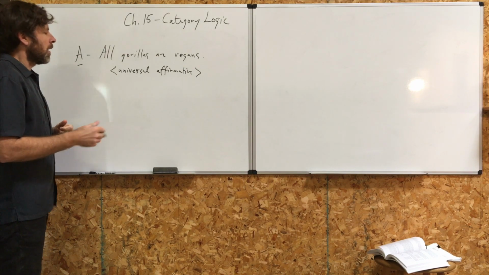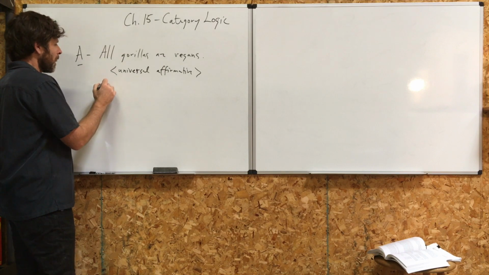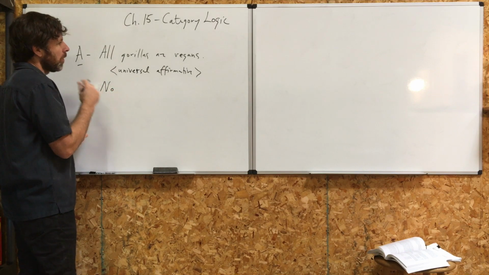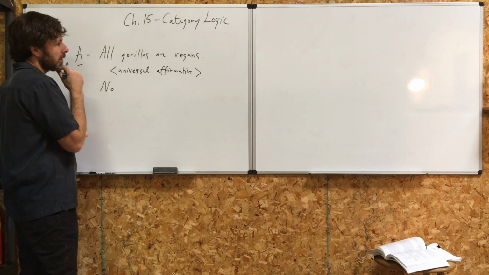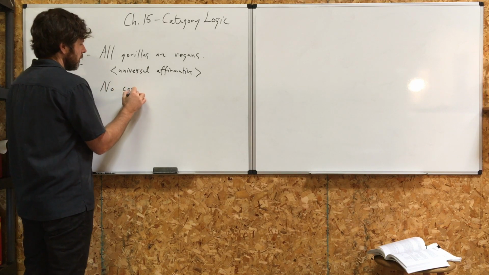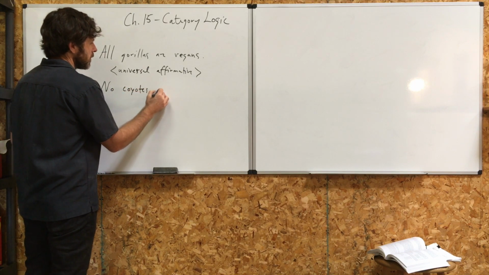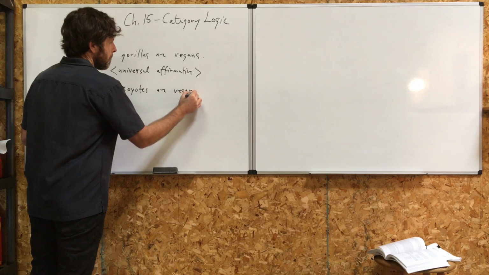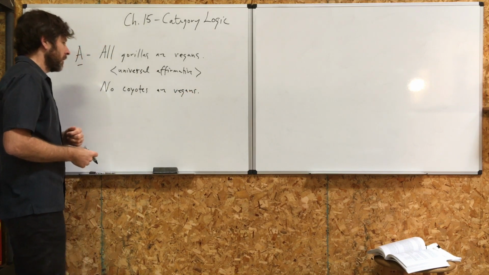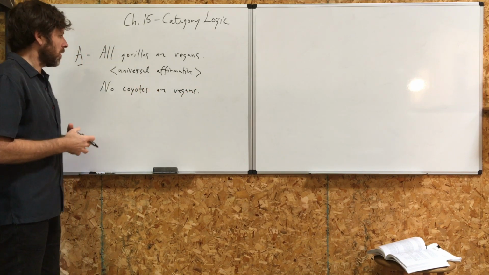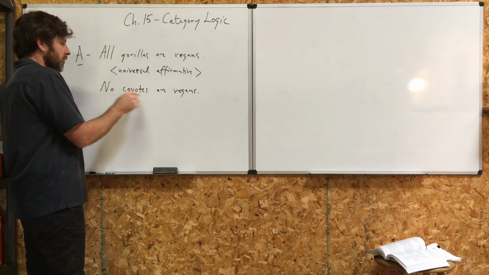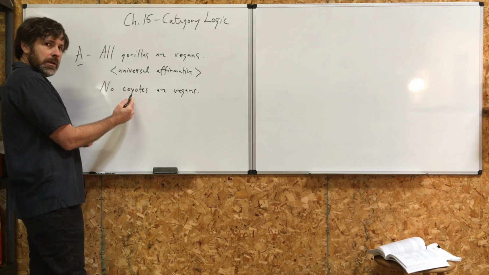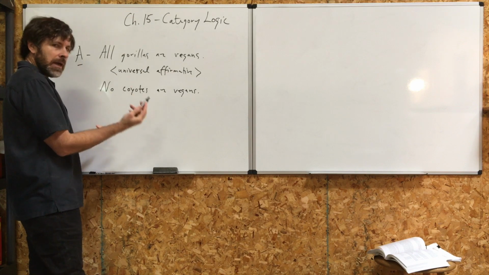All right. Our second statement, as we talked about before, let's do coyotes, right? I don't think any coyotes are vegans. It would be an odd coyote. All right, no coyotes are vegans. Are you talking about every coyote when you say no coyotes are vegans? Yeah, you are.